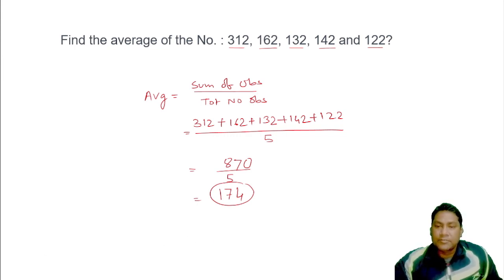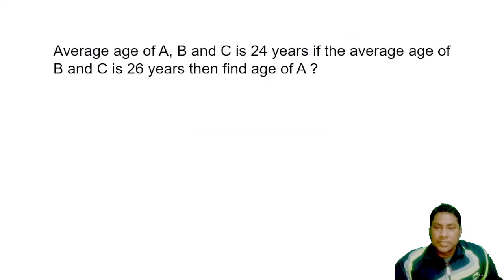Now we'll solve one more question. Here the question is, the average age of A, B and C is 24 years. If the average age of B and C is 26 years, then find the age of A. So friends, in this question they have divided the question into 3 parts.